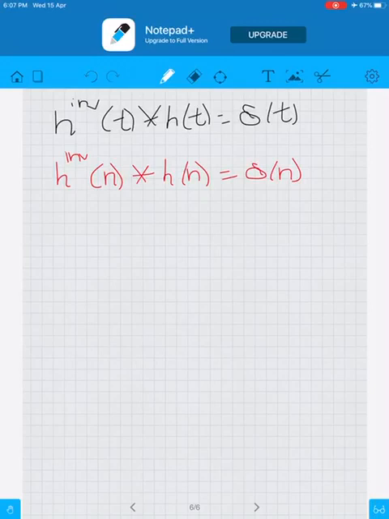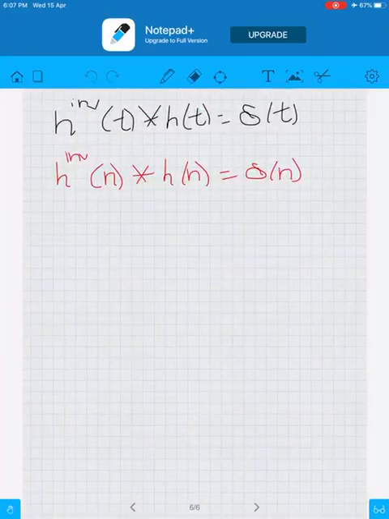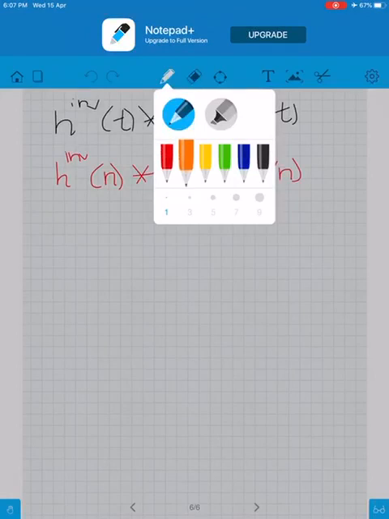Now, in this block diagram, we are trying to get back the input from the output. This is also called deconvolution. That is, the process of getting back the input from the output is called deconvolution.